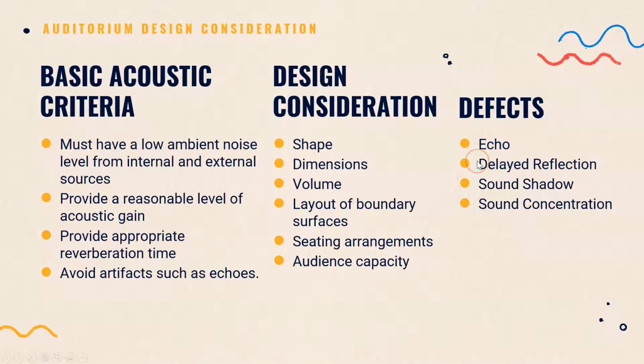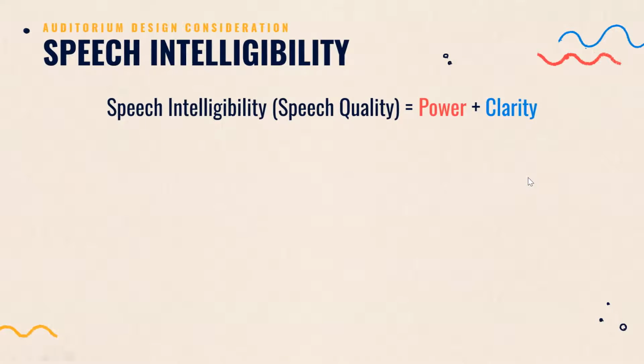Okay? And when designing for acoustics, here are some things that we want to avoid. Speech intelligibility. I want to explain this before we move forward. Speech intelligibility, or in simpler terms, speech quality, is a combination of power and clarity.